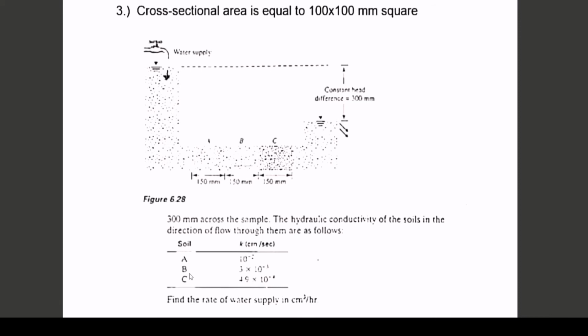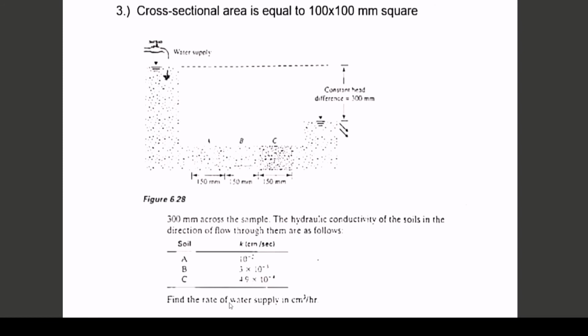Sa soil B naman ay may length na 150 millimeters, tapos coefficient of permeability na 3 times 10 to the negative 3 centimeter per second. Tapos, sa soil C, may length na 150 millimeters, may coefficient of permeability siya na 4.9 times 10 to the negative 4 centimeter per second.